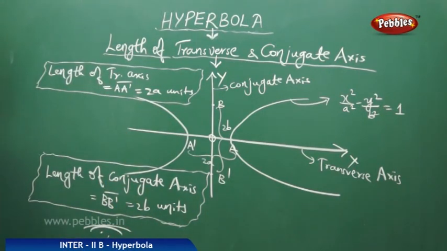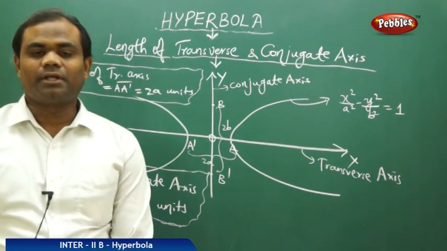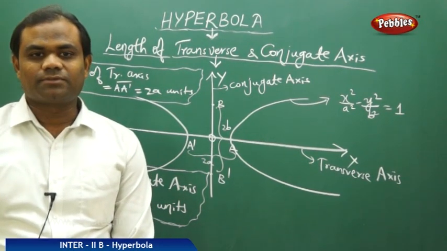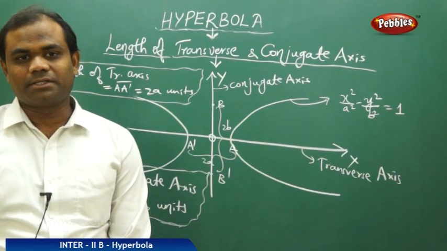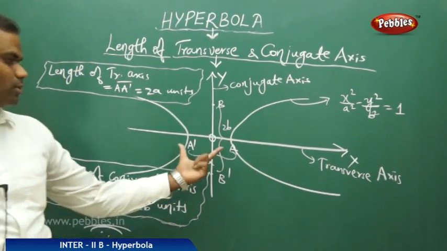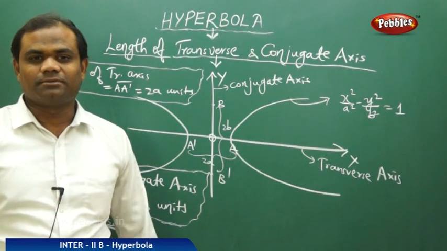This is how we get it in the hyperbola: the transverse axis and conjugate axis have their lengths 2A and 2B respectively.